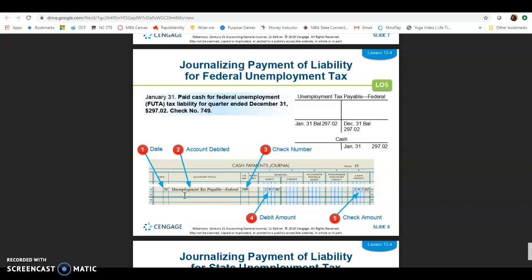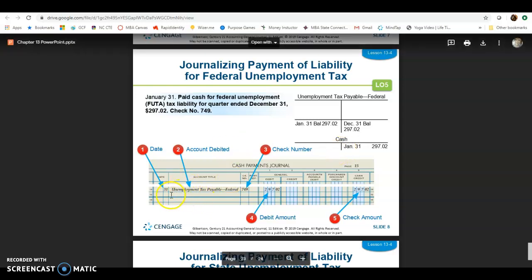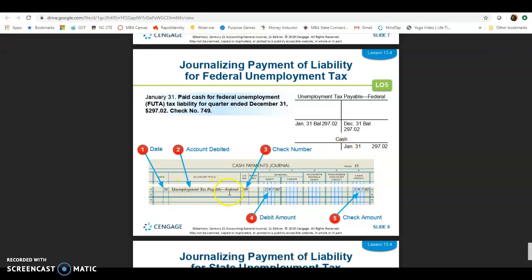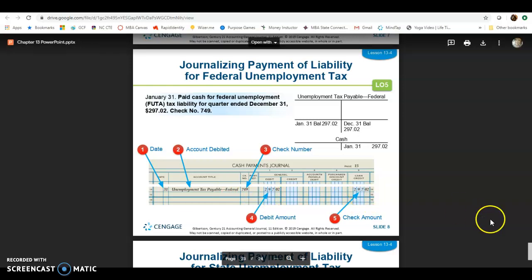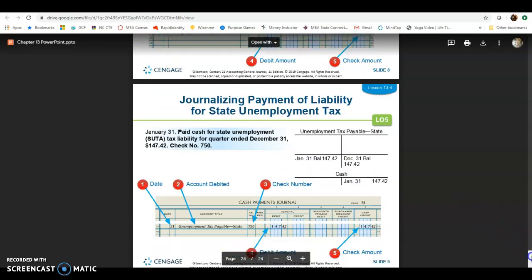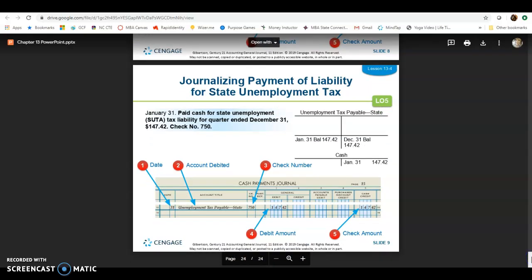Federal unemployment tax is going to the federal government, where state unemployment taxes would be going here to the North Carolina Department of Revenue. So the 31st, and you're paying a payable once again. And so that's the debit, and the credit amount would be the amount of the check, which both of those amounts would be the same. And likewise, you would do the same for your state unemployment taxes.